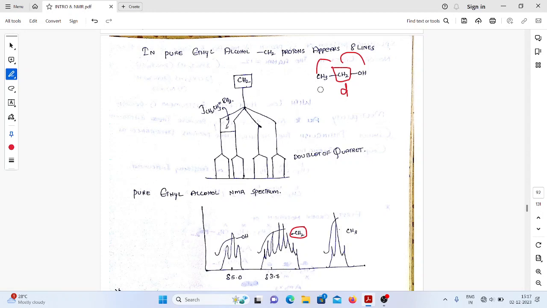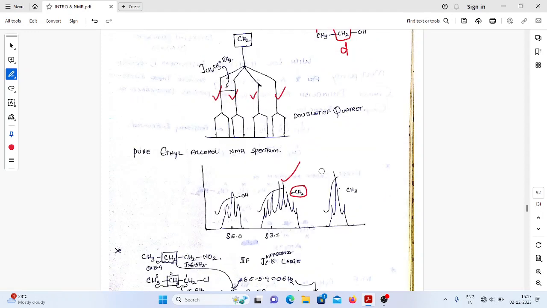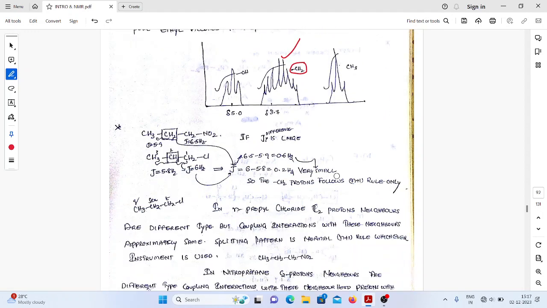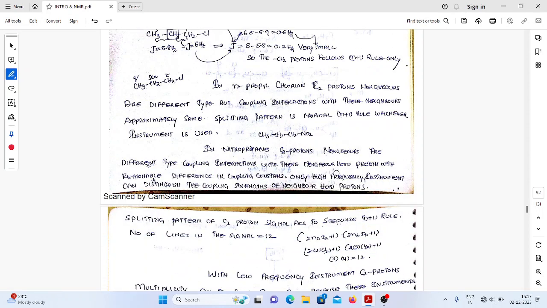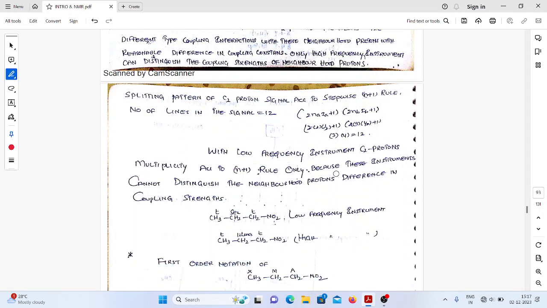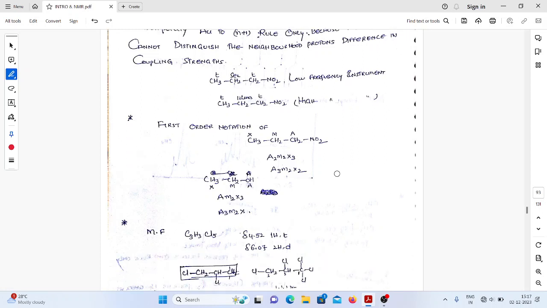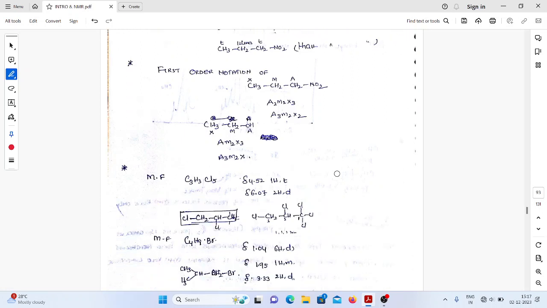Initially 3 plus 1 is 4. See, 1 2 3 4, 4 lines, right? Again stepwise it will give a doublet. So 4 into 2 is going to be 8. That's why 8 lines we are observing in case of ethyl alcohol. So in this way the proton exchange is going to affect the NMR signal.